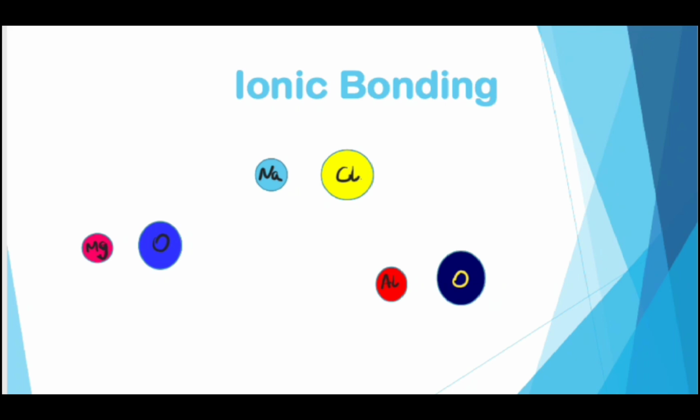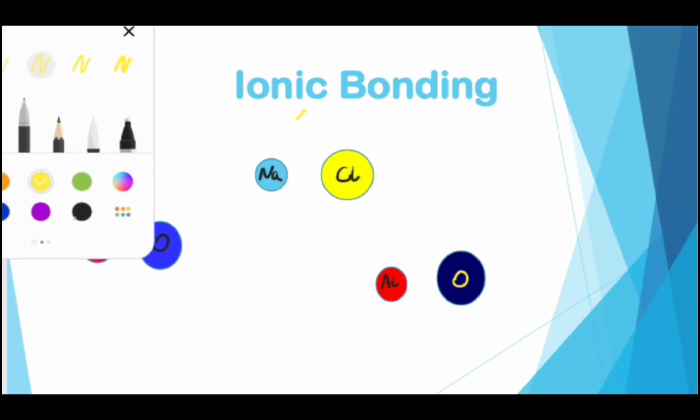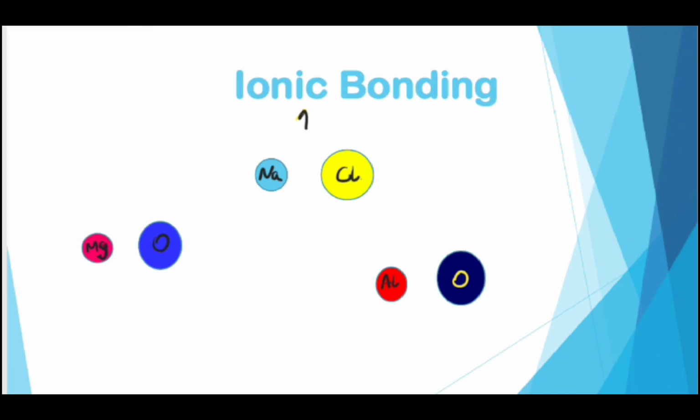Now tell me, how many electrons are there in sodium? Sodium has 11 electrons. I'll just draw the outermost shell, because the inner ones are satisfied, we know.